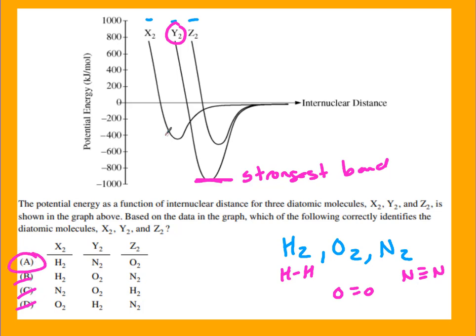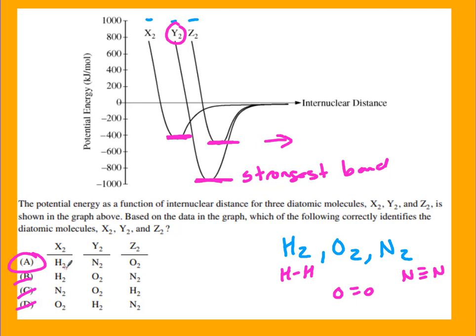But I could also look at X2 and Y2, or Z2. Z2 is a little bit further down. Not a whole lot, but it's a little bit further down. And it's more to the right, meaning it's bigger. So Z2 must be a stronger bond, and it must be a little bit bigger than X2.